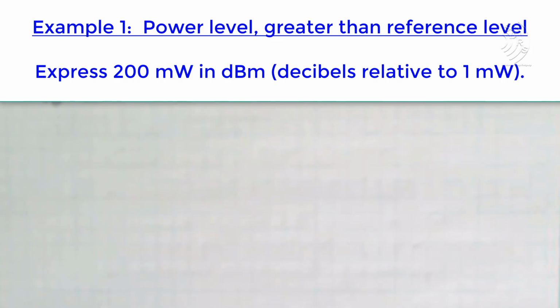To start with, we'll consider a power level that's greater than a reference power level. In this case, we'll express the power 200 milliwatts in dBm, which is decibels relative to 1 milliwatt.